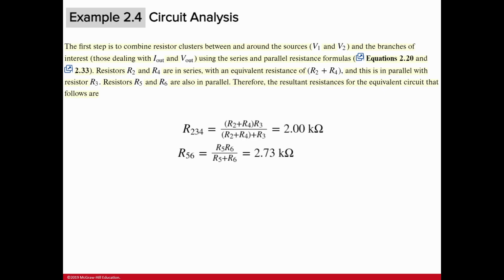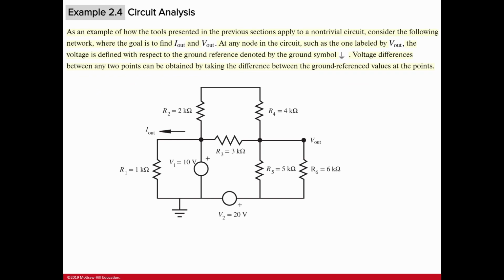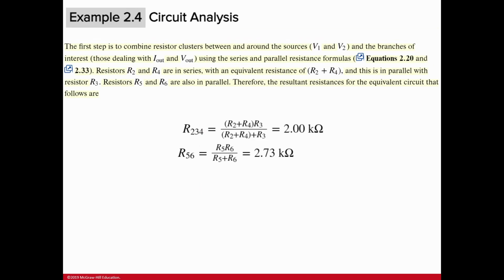But R2, R3, R4 is a little more complicated. First, since R2 and R4 are connected in series, we just add them together. We call it R24. Then R24 and R3 are connected in parallel, so it's nothing but R24 connected with R3 in parallel.